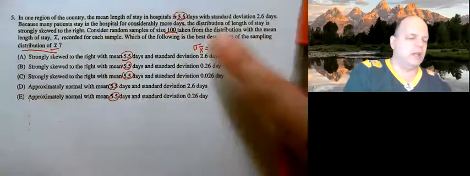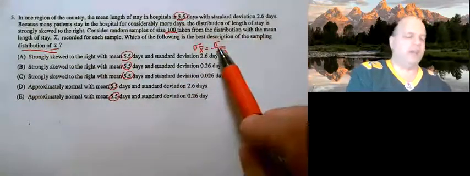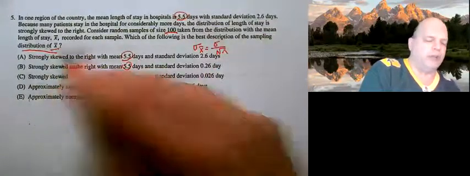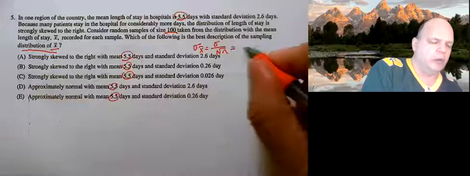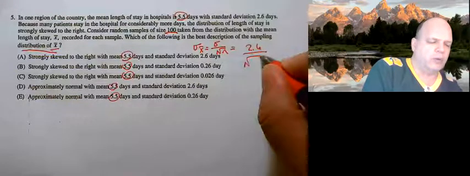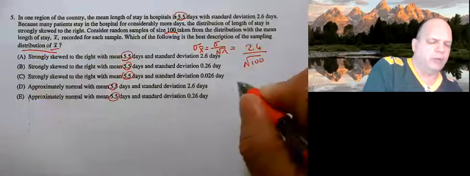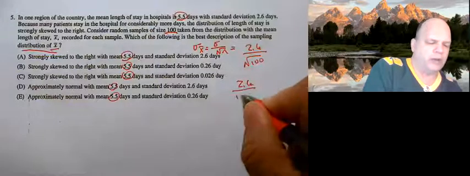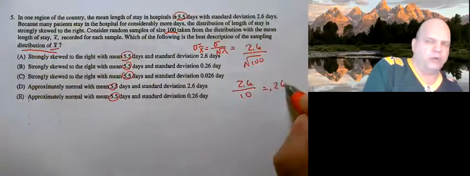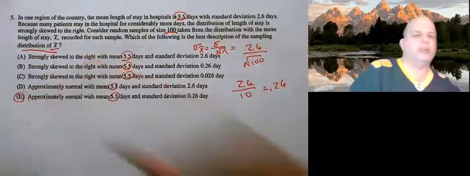It would not have changed. But because it's the standard deviation of X bar, or the standard deviation of the sampling mean, it's going to be 2.6 divided by the square root of 100, which is 2.6 over 10, and that equals 0.26. So my answer is E.